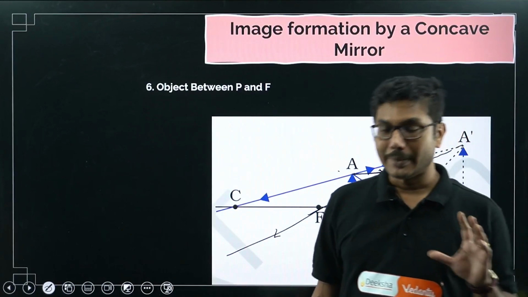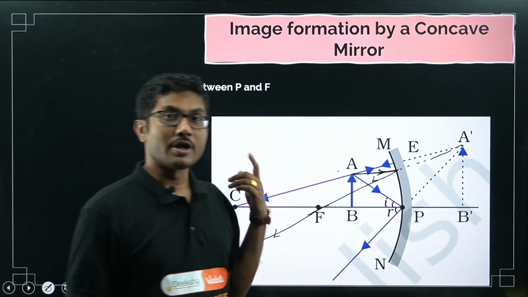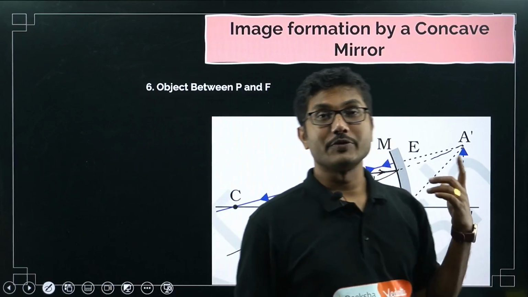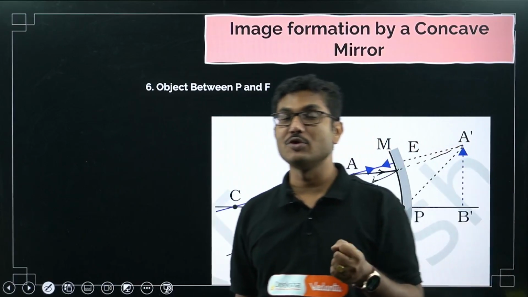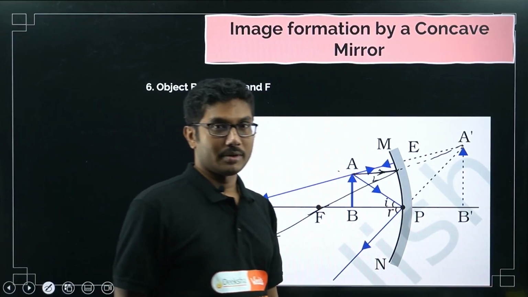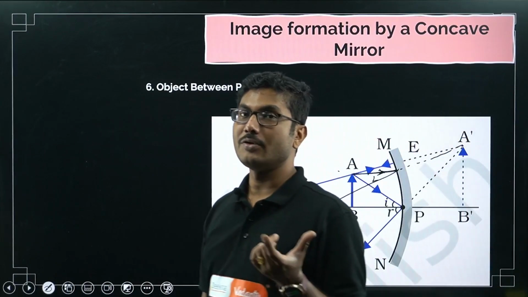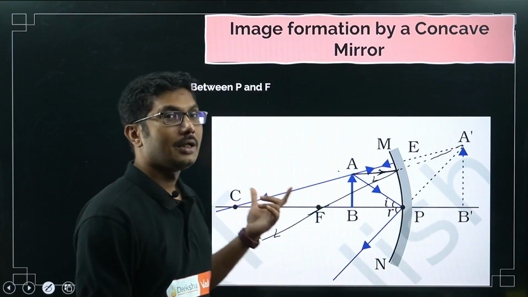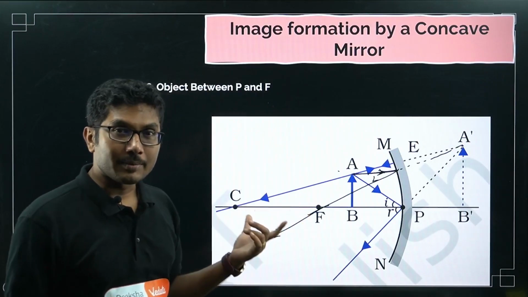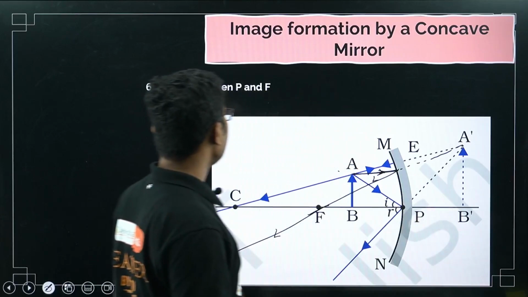So if they give the question that which of the following mirror can produce virtual as well as real images, they will give you option concave mirror, convex mirror, plane mirror, all of the above or none of the above. Okay, so you have to be careful, you will choose only what? Concave mirror. Okay, concave mirror produces real as well as virtual images.